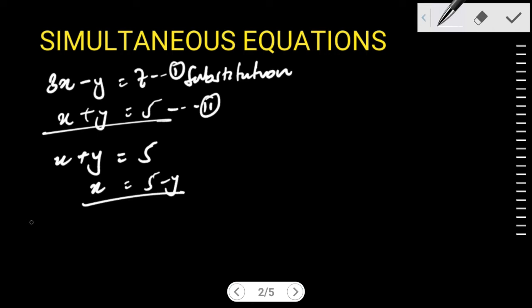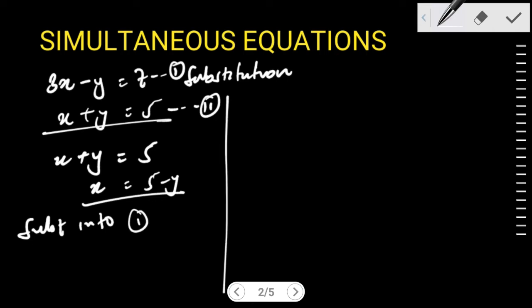Substituting into 1, I have 3x minus y equals 7. So this would be 3 times 5 minus y, minus y, equals 7.